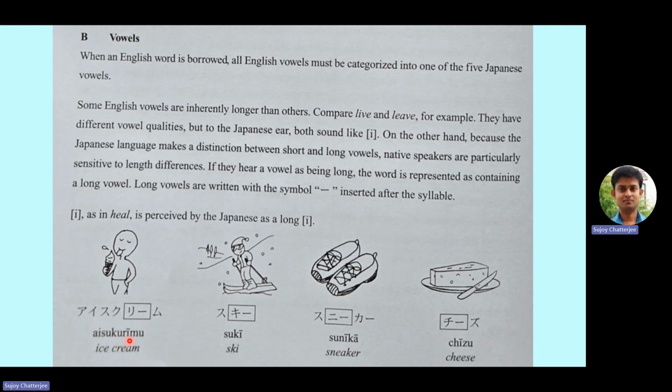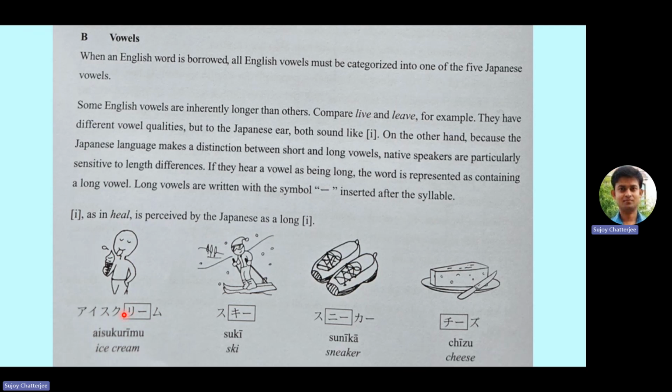When we write it in romaji, we just put a bar over the I. And when we write in katakana, after ri, it comes this horizontal symbol, which means it's a long sound. So aisu kurimu.